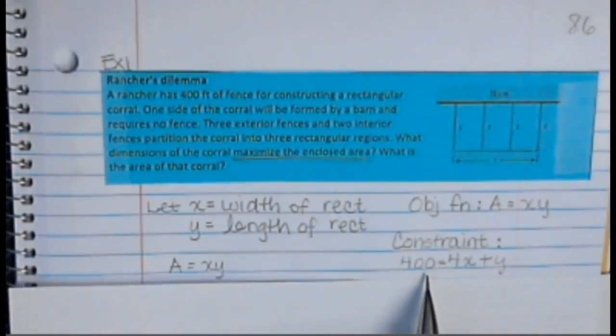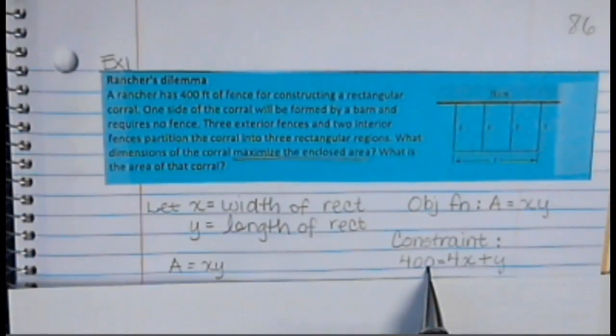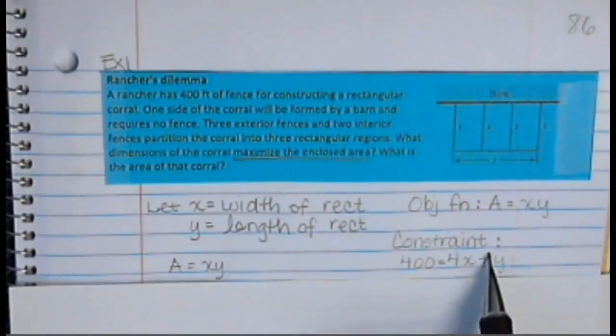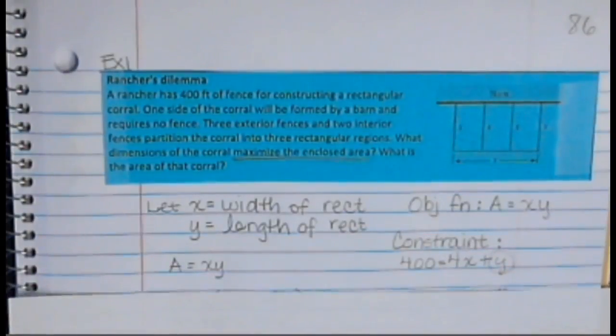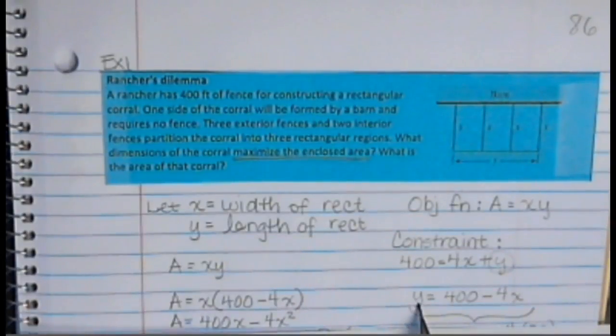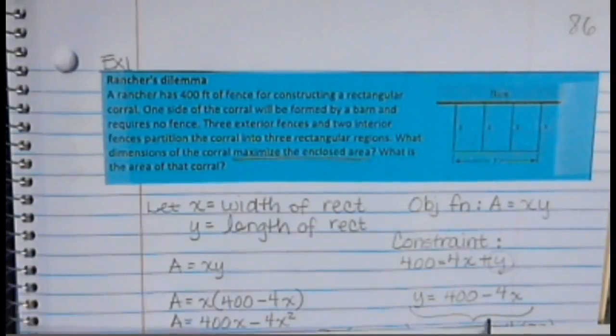So step number 4 of our guidelines, the one we put an asterisk on, says to use the constraint equation to eliminate all but one of the independent variables. In other words, we're going to solve for one of the variables. In particular, we're going to solve for y since it's already by itself. So here I am solving for y. y is equal to 400 minus 4x. I just subtracted the 4x from both sides.